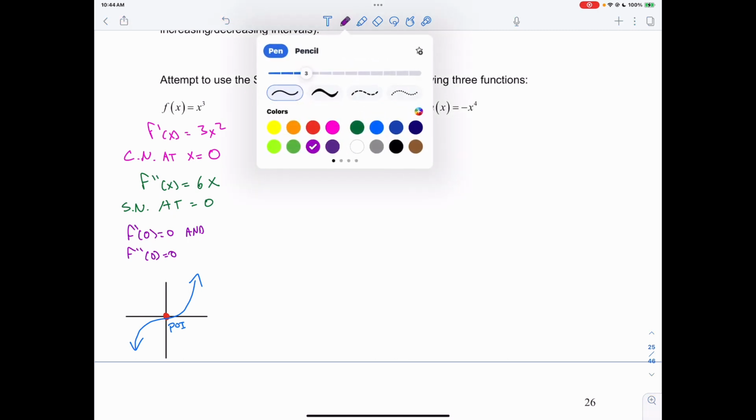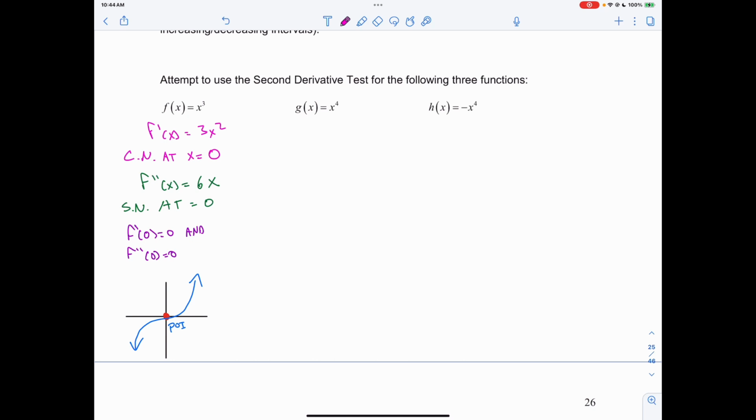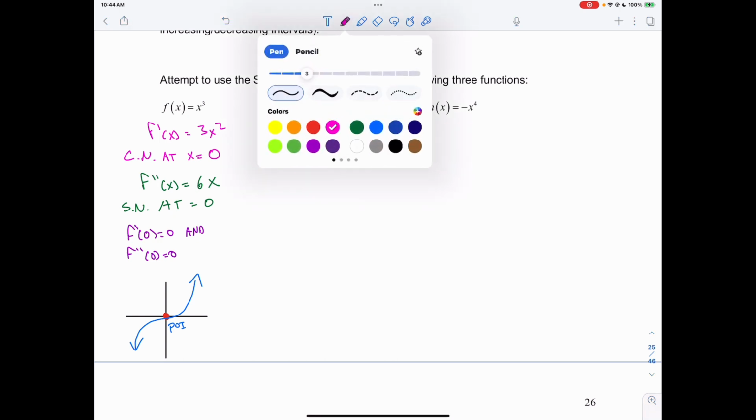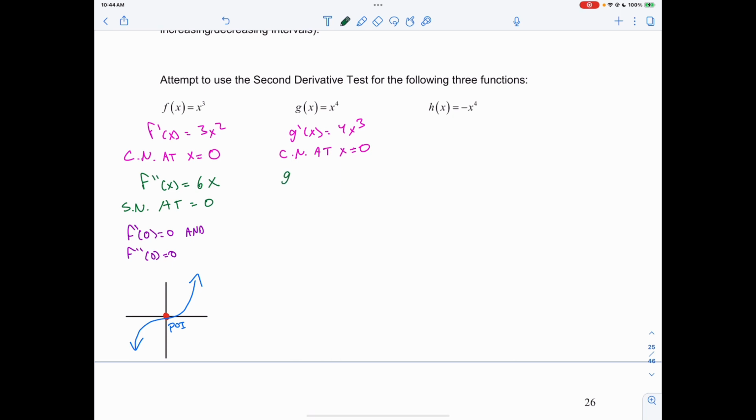When I go to the next example, g prime of x is going to be 4x cubed, which means I'm going to have a critical number at x is equal to 0. G double prime of x is going to equal 12x squared, which means I'm going to have a significant number at x is equal to 0.